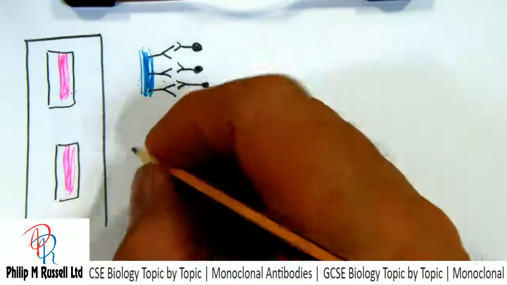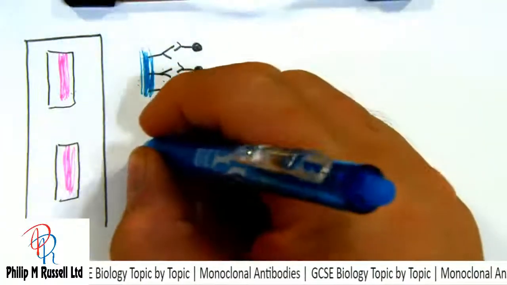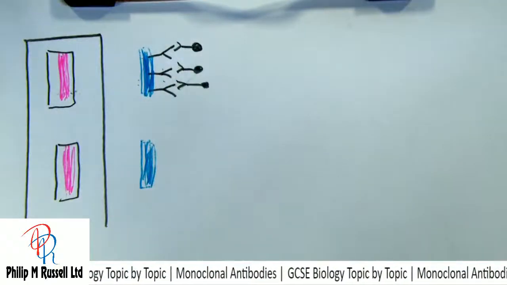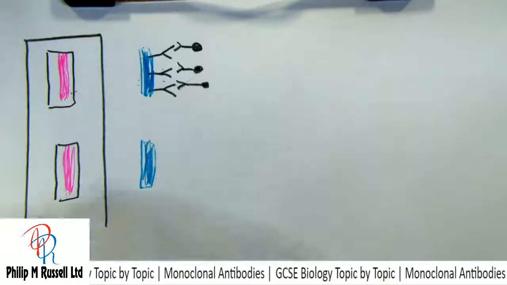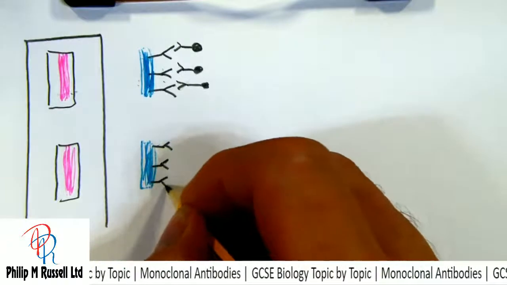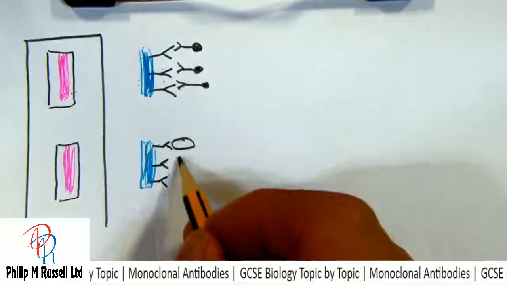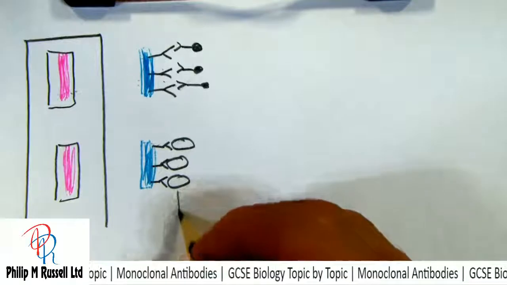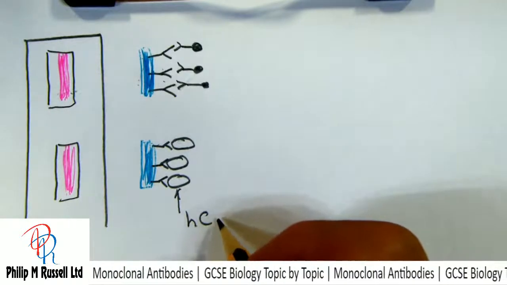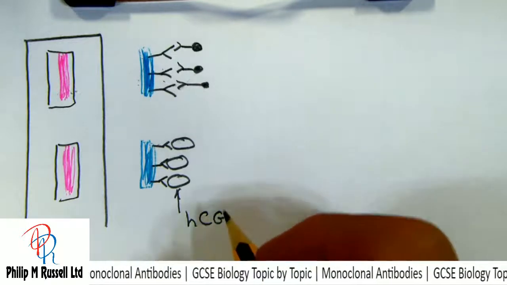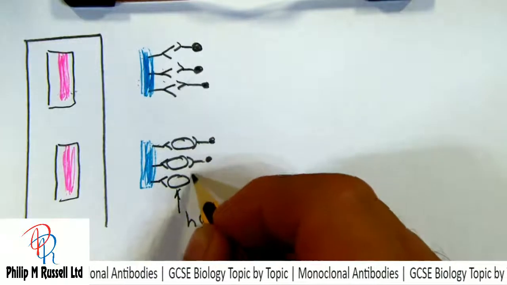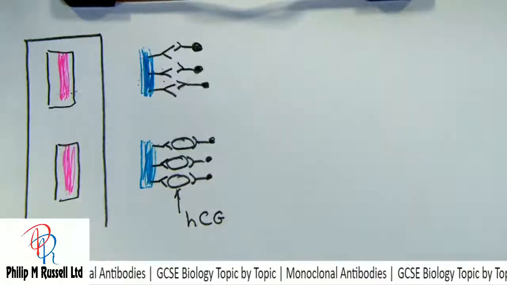Now let's look at another one. Now, if we've got this system here, and we've got our monoclonal antibody here, and this is going to bind to our human chorionic gonadotrophin, and we can put it here.